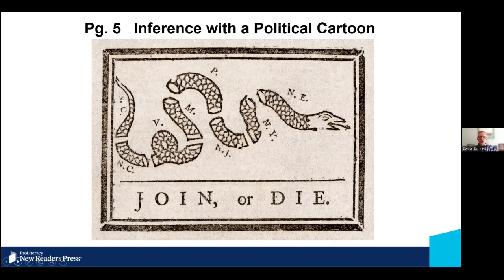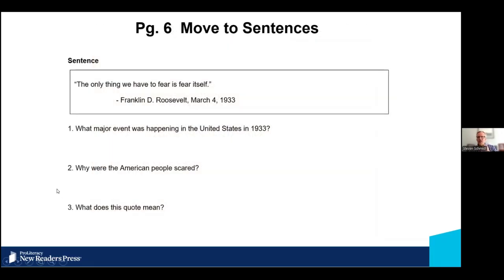We could also continue the inference skills with a sentence. I like to use this. The only thing we have to fear is fear itself. We would want to bring in some background knowledge. We could look at 1933, what's going on there, and students might need a little bit or a lot of information about the Great Depression and what was going on in the US during that time, why people are afraid, and talking about the 25% unemployment in 1933 and those interesting things.